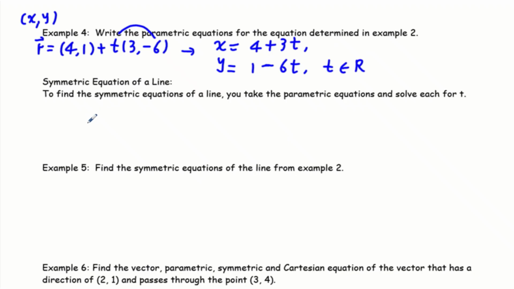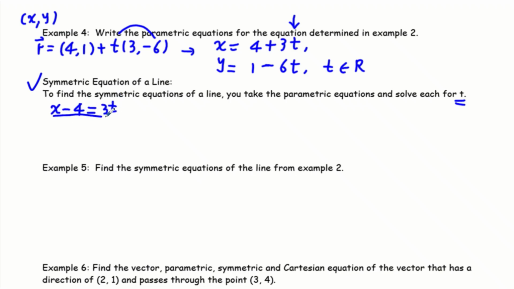So this is the second form, and we have one more form of the equation of a line: symmetric. To find the symmetric equation of a line, you take the parametric equations and solve each for t. So we are going to solve for t from these two. For the first one, we move the 4 to the other side. We have x minus 4 equals 3t.